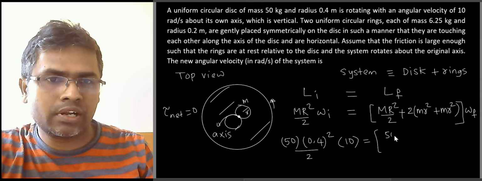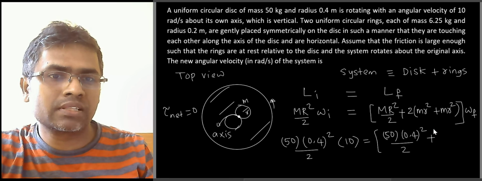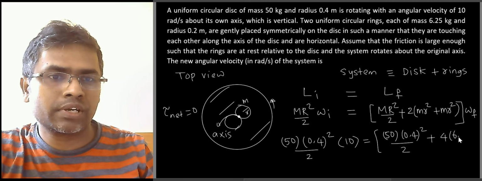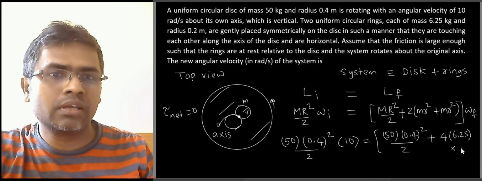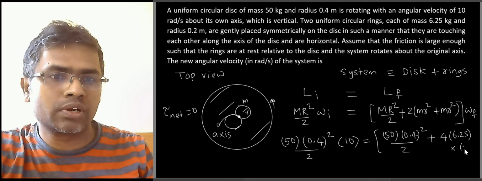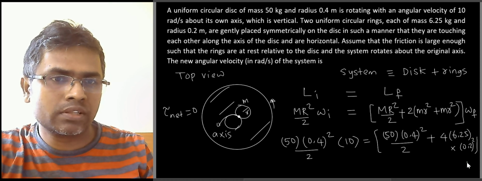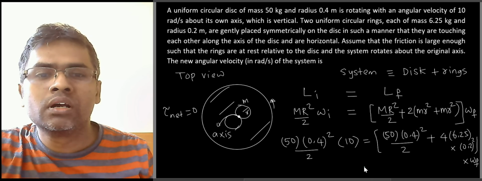So this is 50 into 0.4 square by 2, plus I think I can take this as 4 m r square, right? 4 m is 6.25 multiplied by r square is 0.2 square, and this entire thing will be multiplied with final omega.